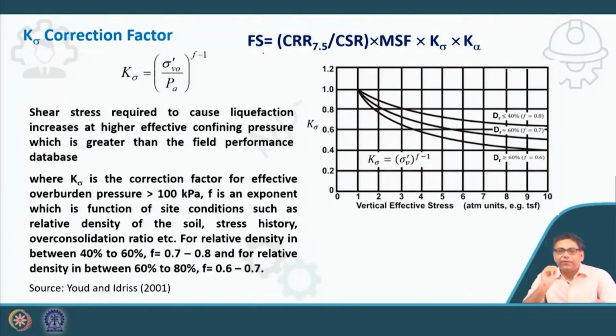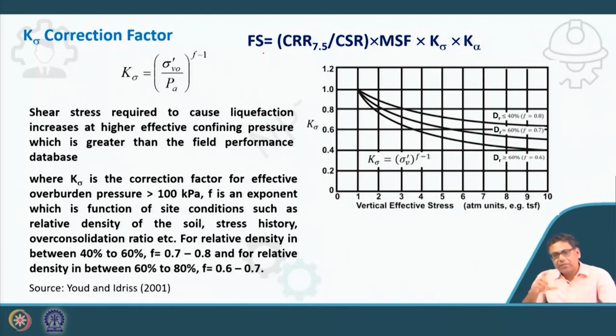Suppose your effective overburden pressure, the vertical effective stress sigma V0 dash, is greater than 100 kPa. Then the stress required to cause liquefaction that I am calculating is higher than the field condition.